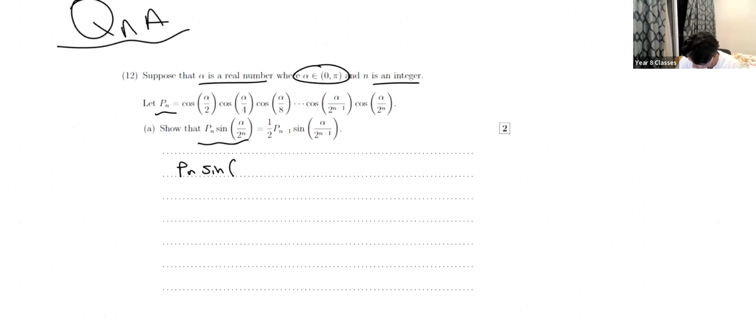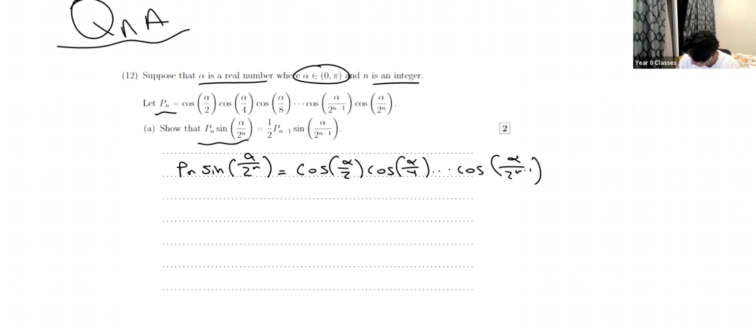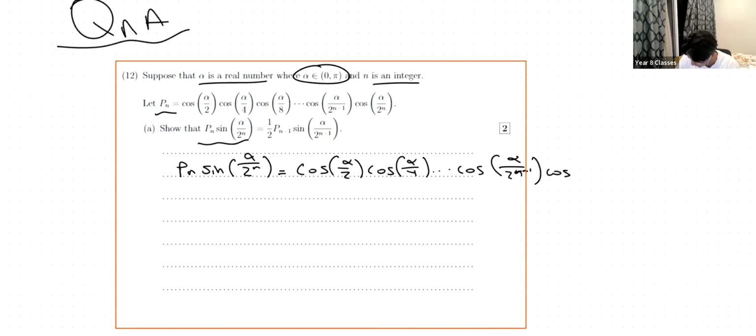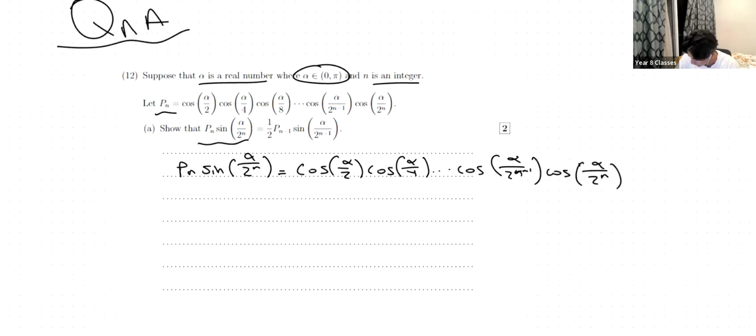So this is going to be cos alpha on 2, just multiplying a sine alpha on 2n to both sides. And then cos alpha on 2n, and then it should just be a sine alpha on 2n as well. Okay, so that's that.